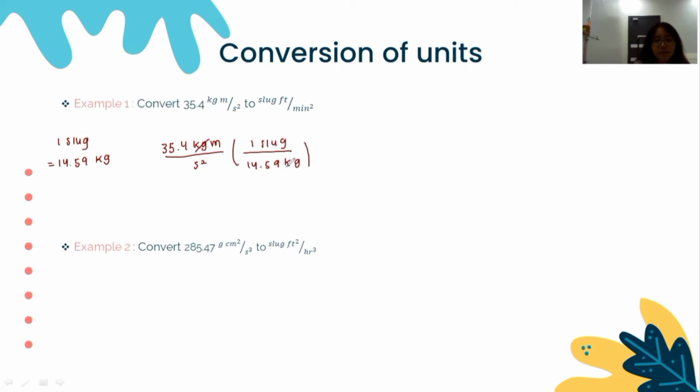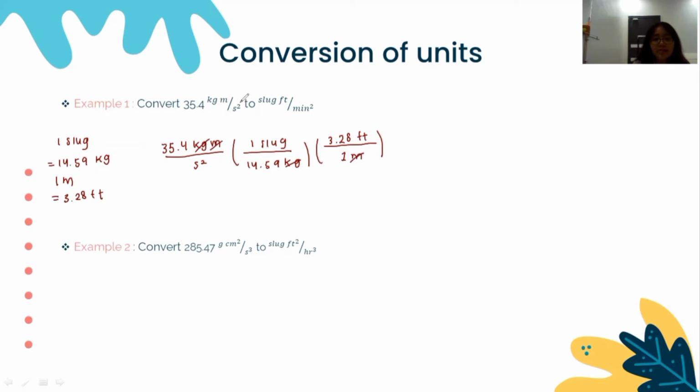Cancel the kilogram out. Next, we need to convert meter to feet. 1 meter is equal to 3.28 feet. So in order to cancel meter, we need to put it down and put 3.28 feet above. Cancel the meter out.